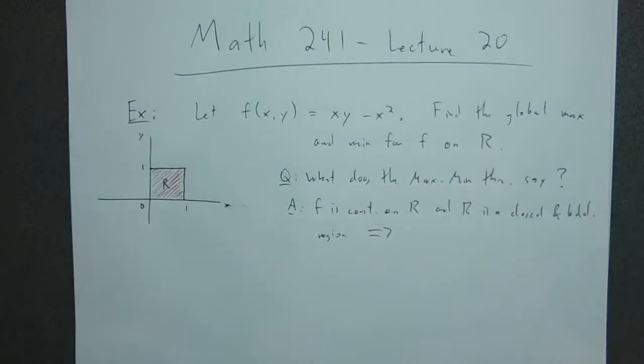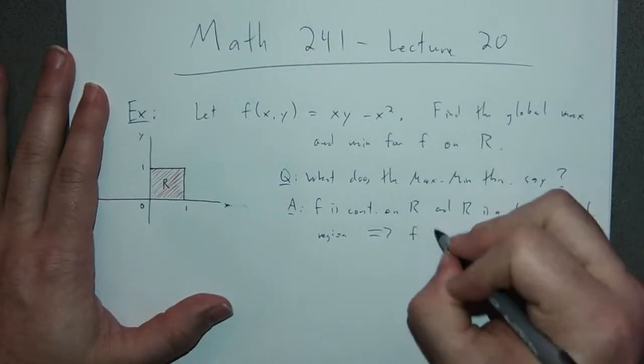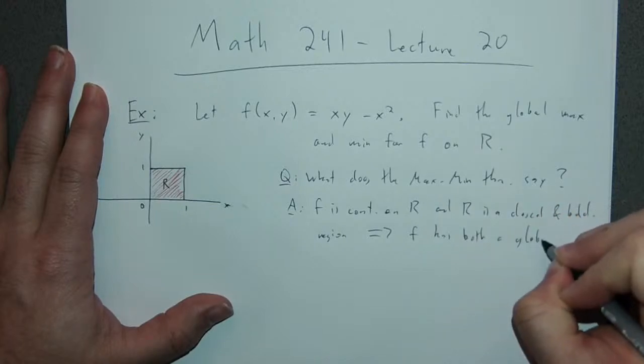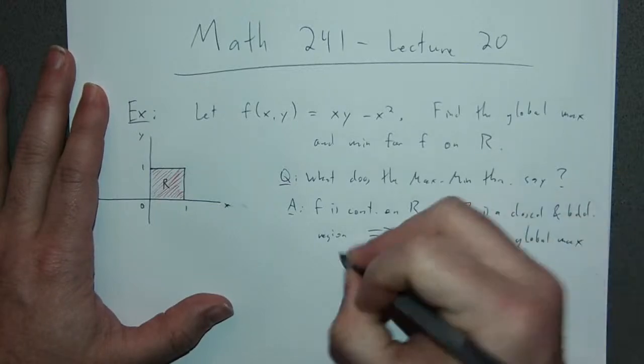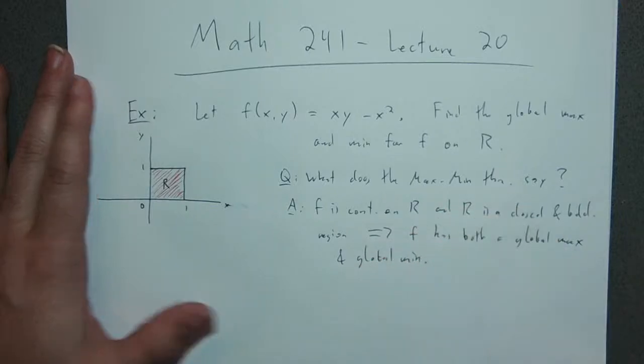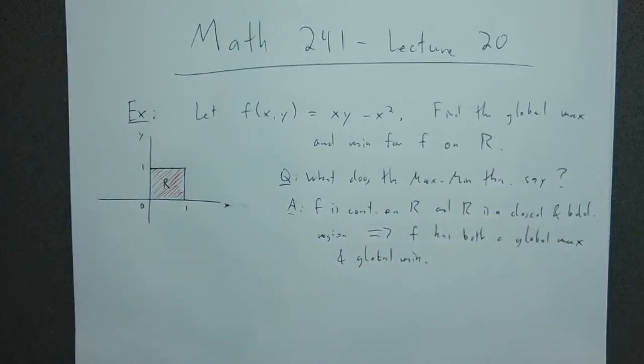The max-min theorem says a continuous function on a closed and bounded region has both a global max and a global min. So f has both a global max and global min. Now it's just a question of actually finding them. They're somewhere on R, I just have to find them.